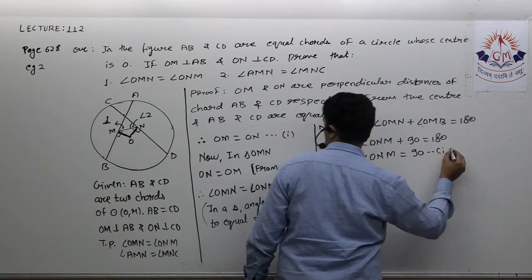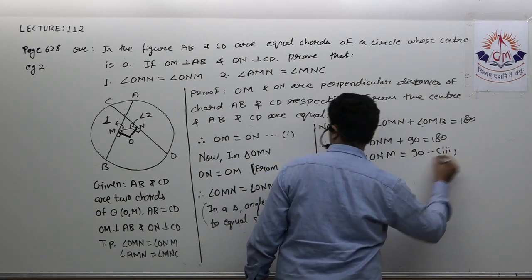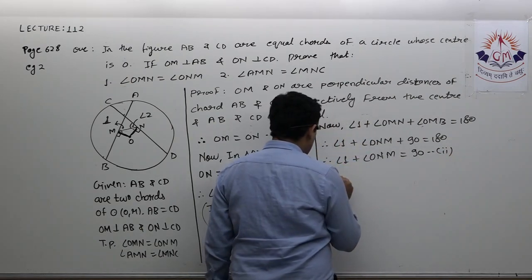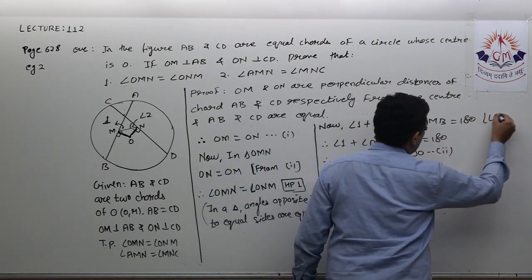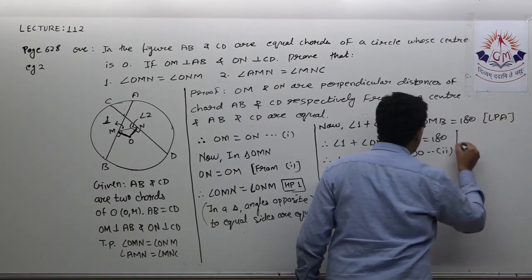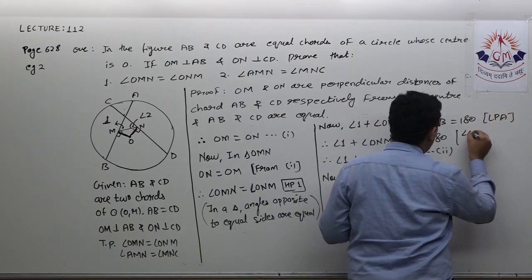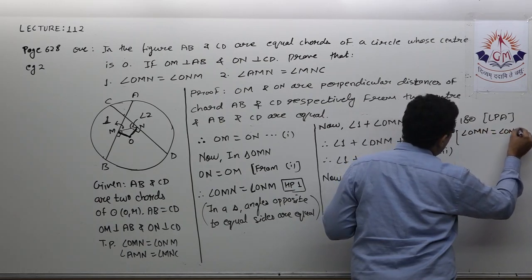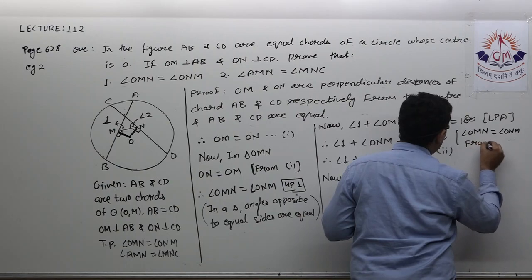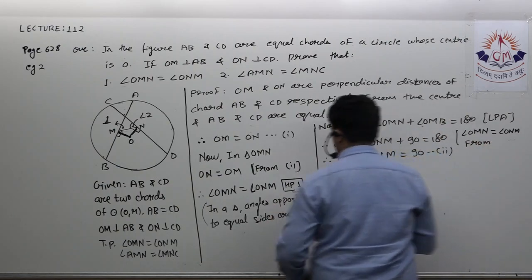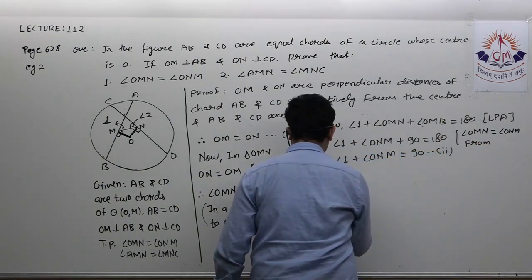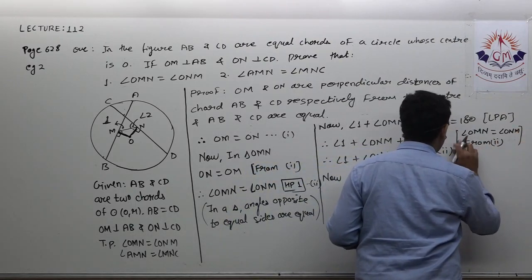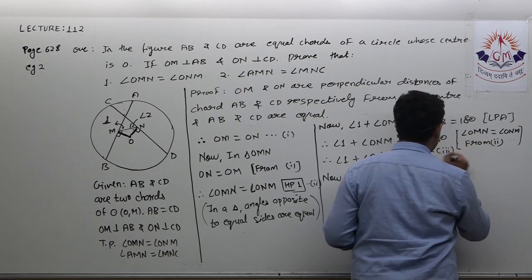Let it be equation number 2. Reason: linear pair axiom. Here angle OMN is equal to angle ONM from the first.